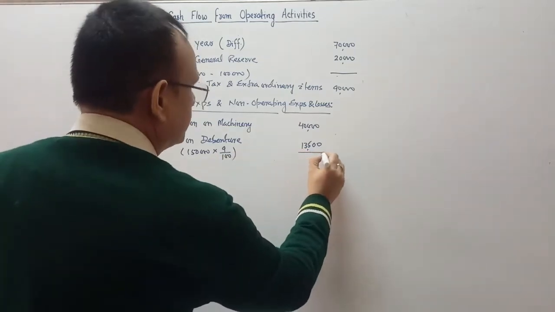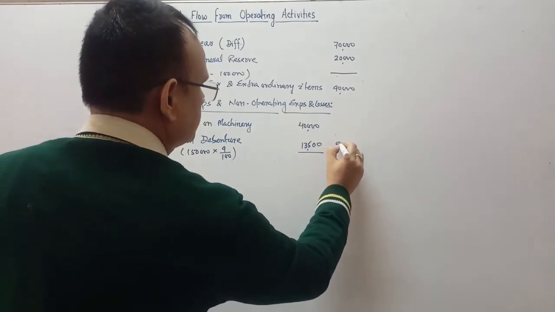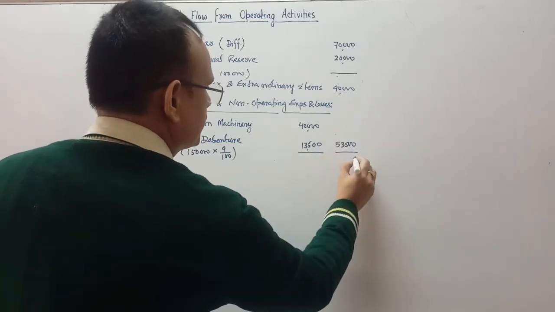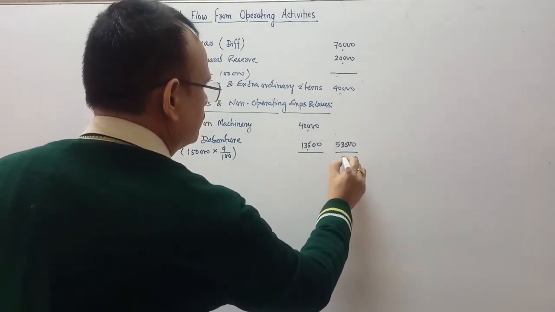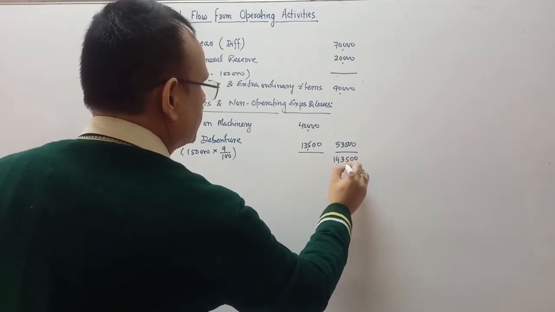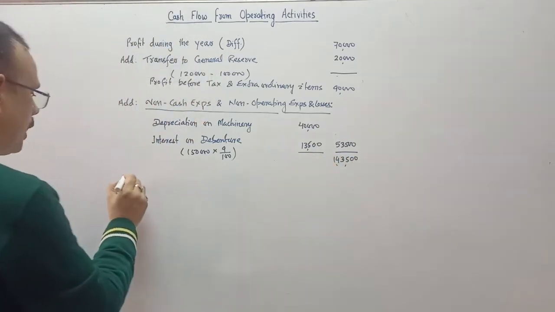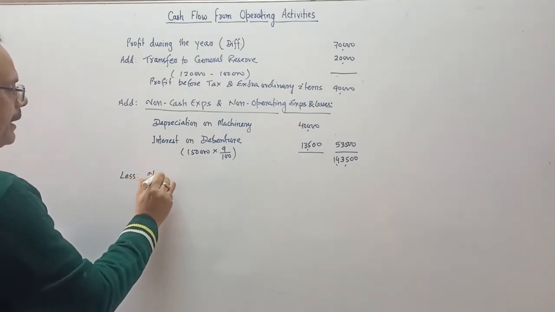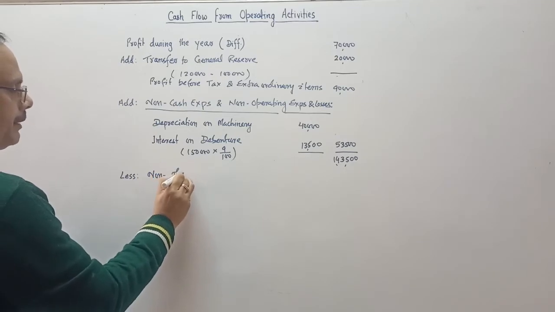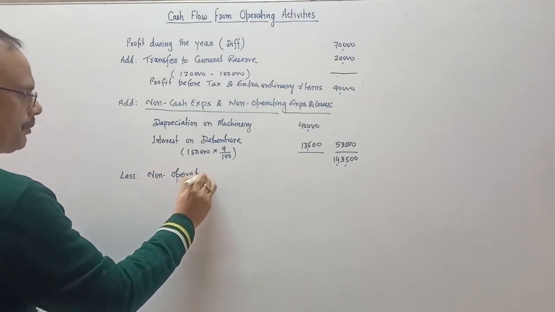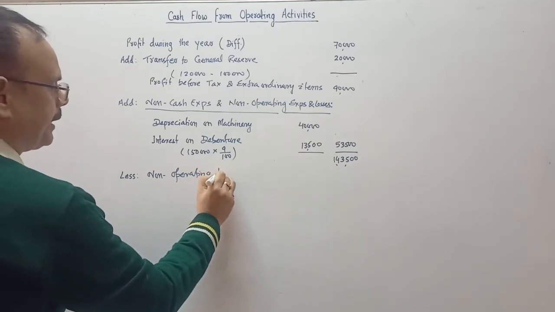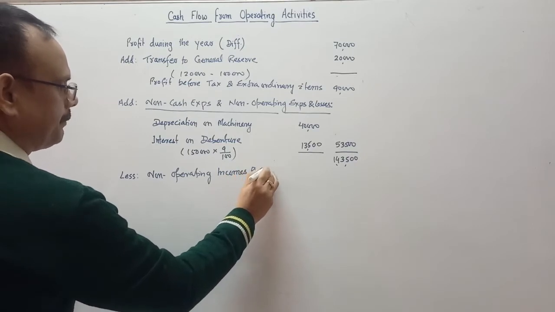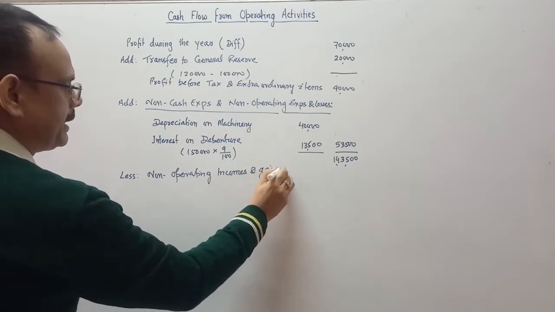You add it, it is 53,500. After addition, 1,43,500. Now you deduct non-operating incomes and gains. You know the process. Non-operating incomes, if any, or gains, if any, we will deduct it.